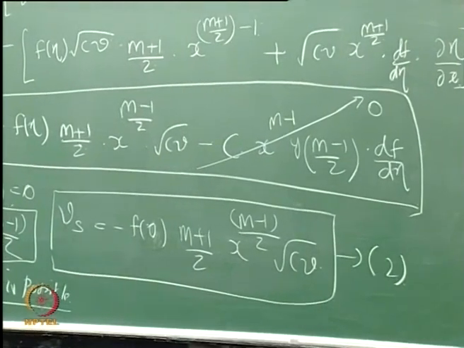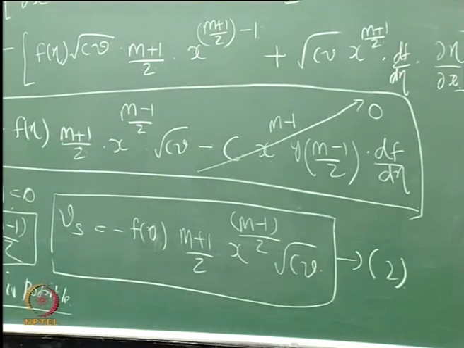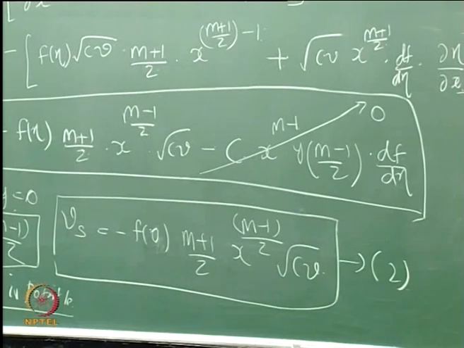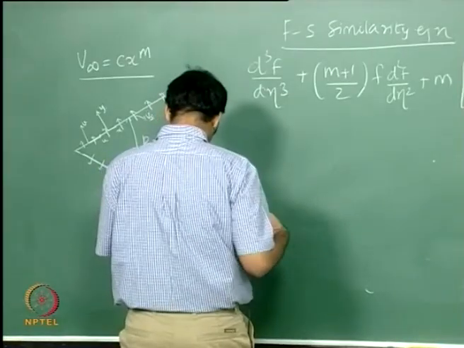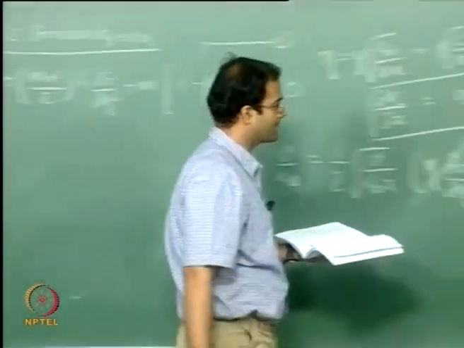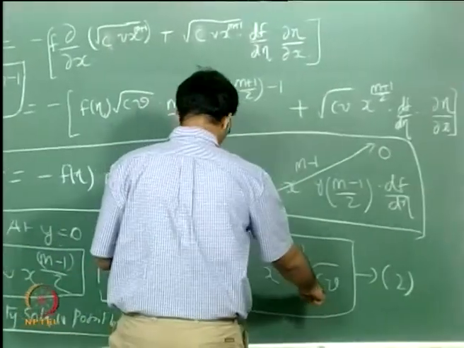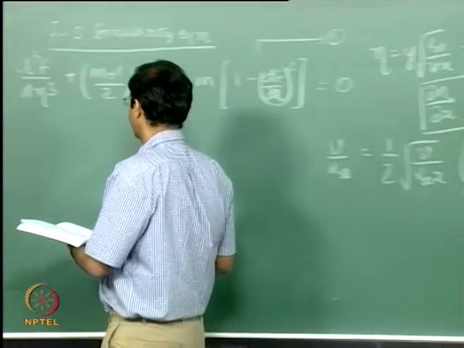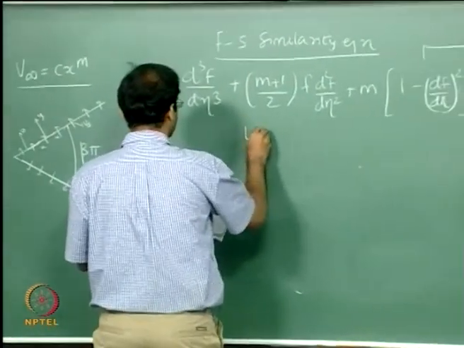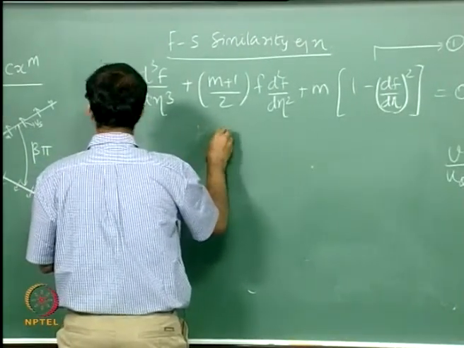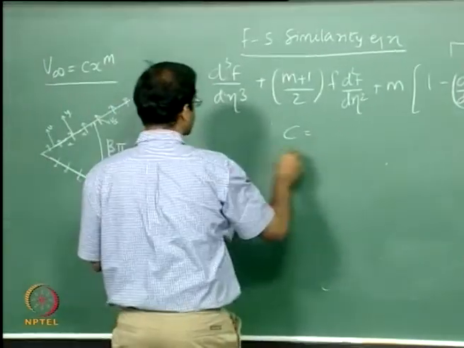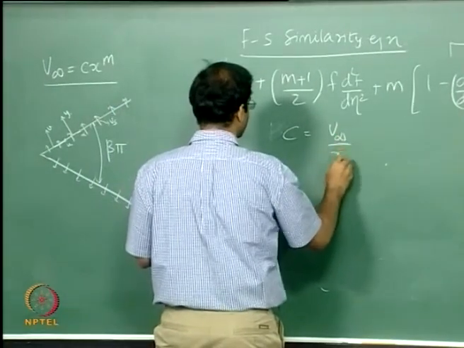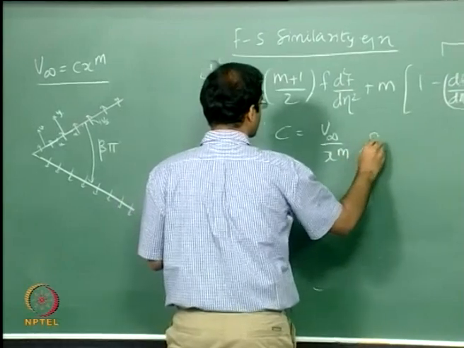So therefore from 2 you can in fact expand one step further. You can write your c in terms of u infinity by x power m, because that is your condition here for the free stream, and you can substitute into 2.